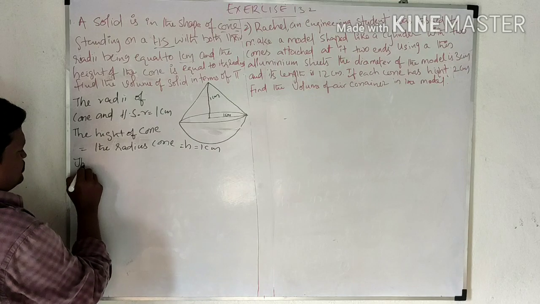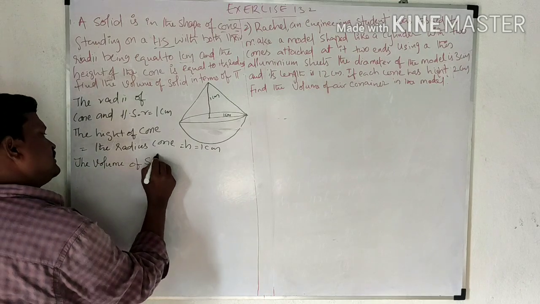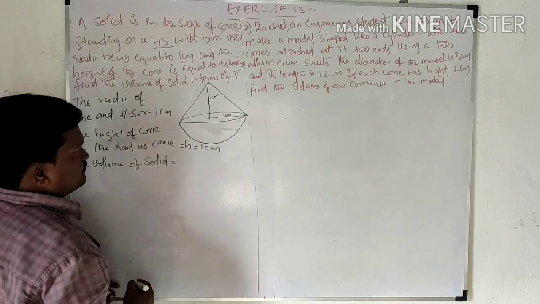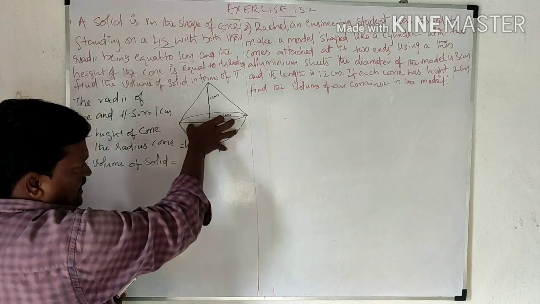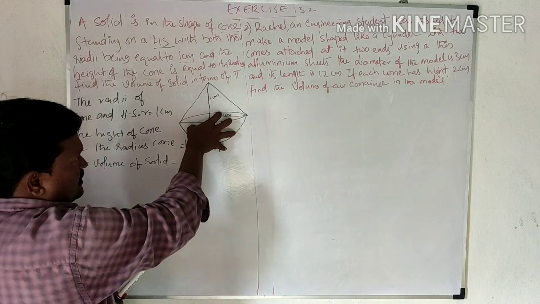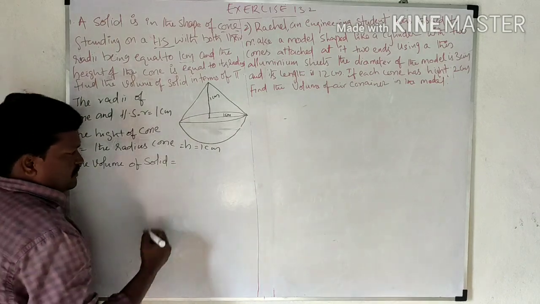Now the volume of solid. The volume of solid means the total solid. So to get that volume, if you add the volume of hemisphere and volume of cone, that will be the volume of the total solid.